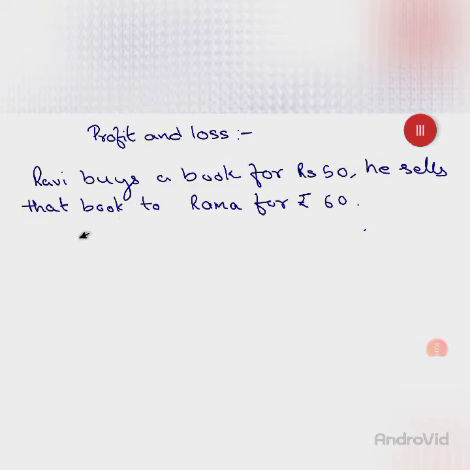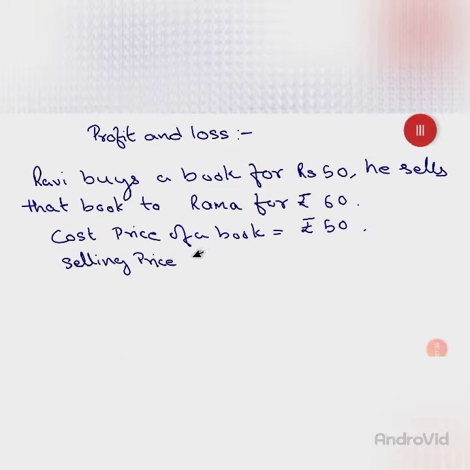Okay? Here, cost price of a book is rupees 50 and selling price is rupees 60. Okay.